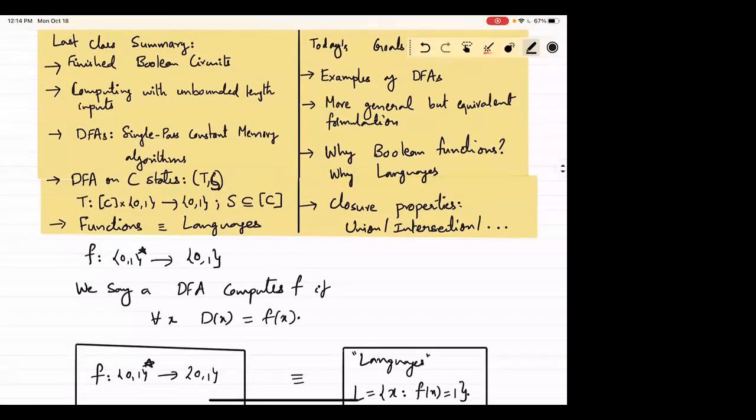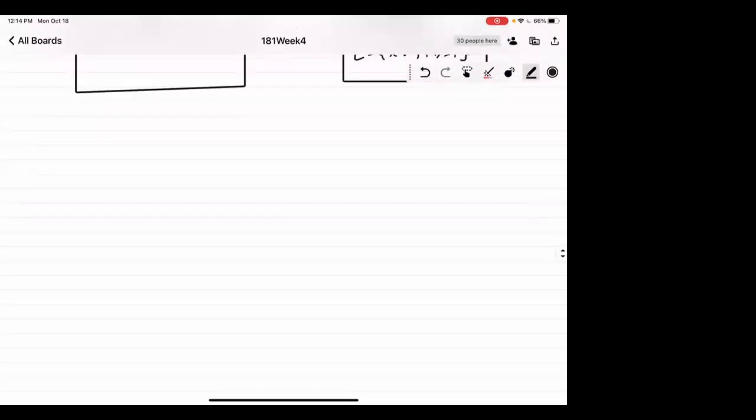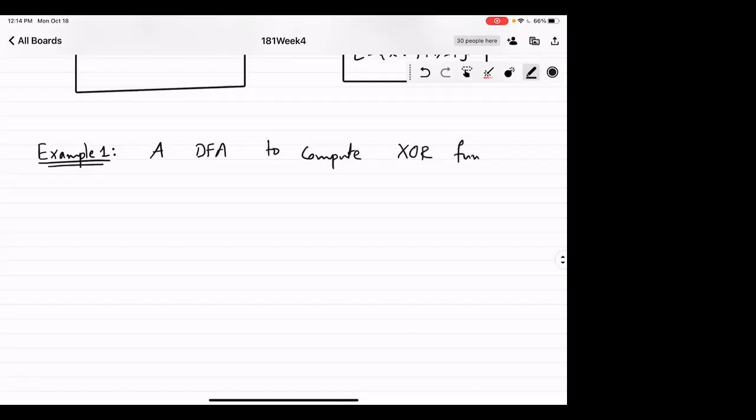And we saw examples of DFAs in the last class, actually two. Example one was a DFA to compute the XOR function.